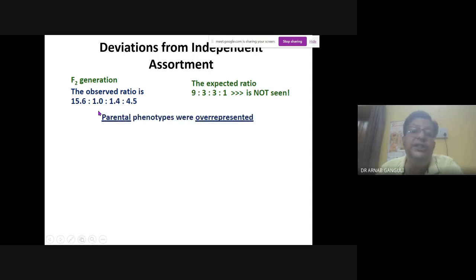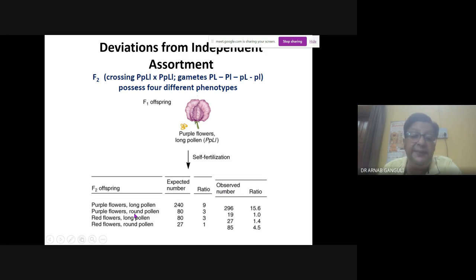So you see that the parental phenotypes were overrepresented. Who were the parental phenotypes? The parental phenotypes were purple flowers, long pollen, and red flowers, round pollen. You had more of these purple flowered long pollens and more of the red flowered round pollens. They were overrepresented.